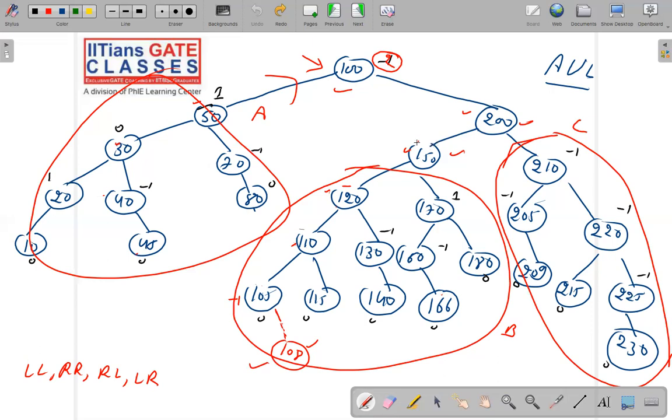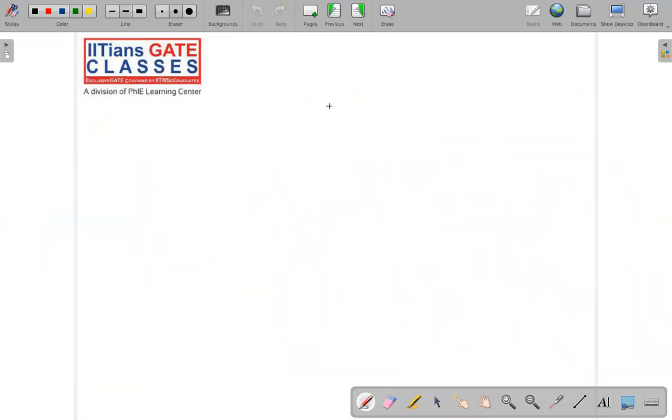For 150, we have to take two children. For 200, we have one child only, and here we have 150. So we'll take two children, one this child and one this subtree. We will label them B and D. So our tree we can draw like 100 with A.